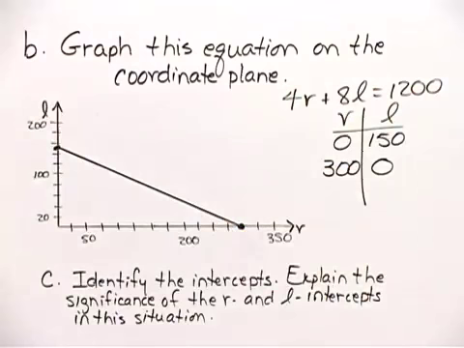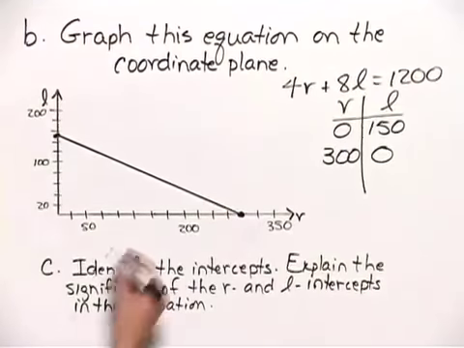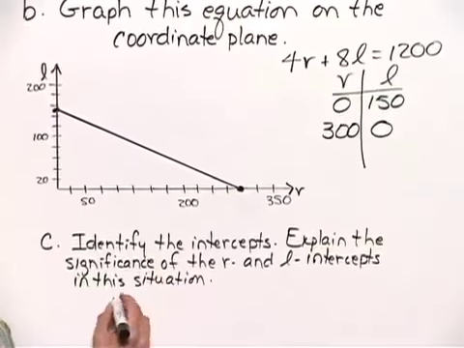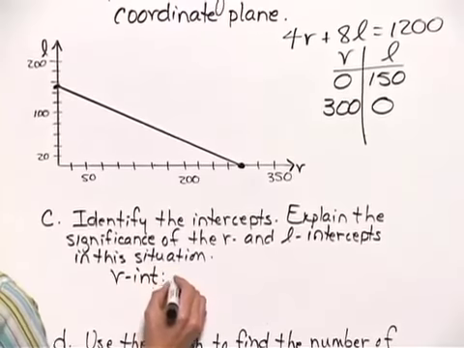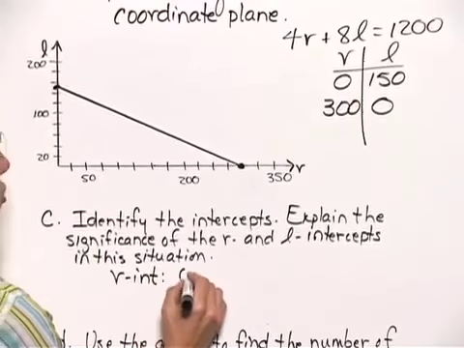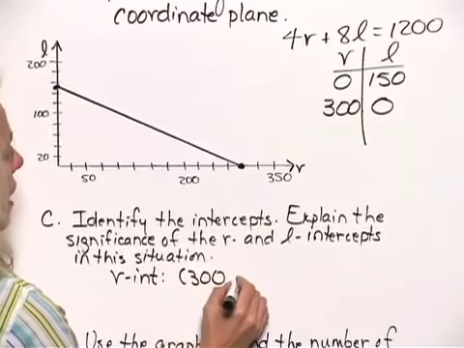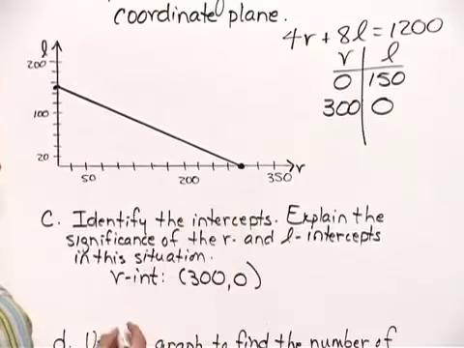Now for part C, we want to identify the intercepts and explain the significance of them in this situation. We found them in part B. The R-intercept is 300, 0. That's right there.